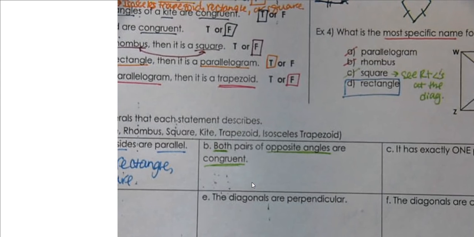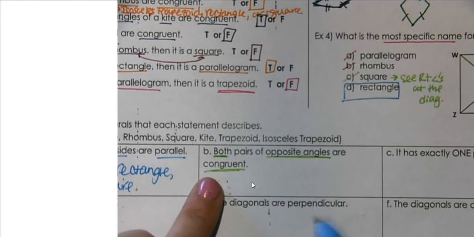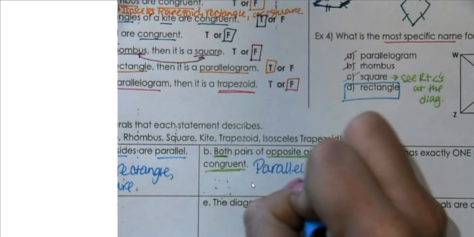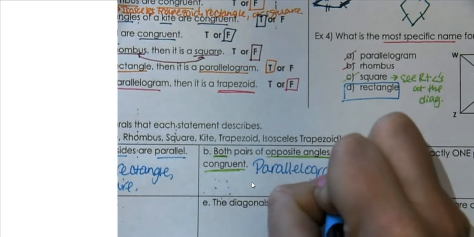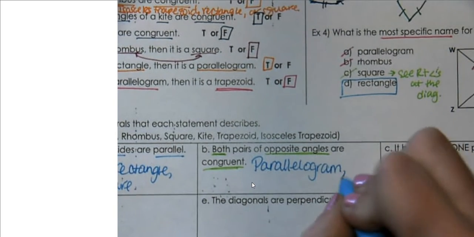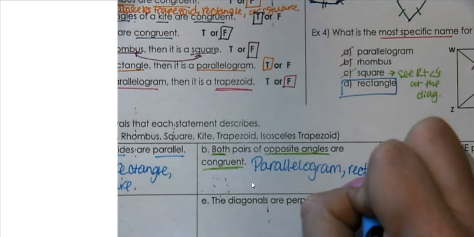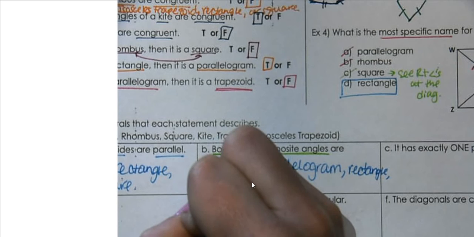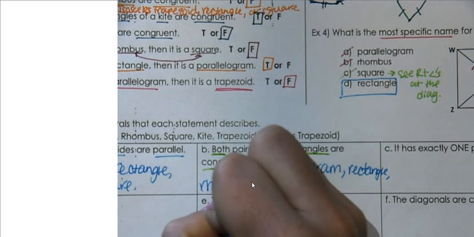It doesn't work with trapezoids because trapezoids don't have any opposite angles that are congruent, just the base angles. So once again, this is a property of a parallelogram. So I'm going to write down parallelogram and all of the special parallelograms that we have. So parallelogram, rectangle, rhombus, and square.